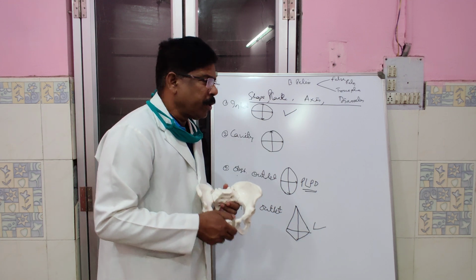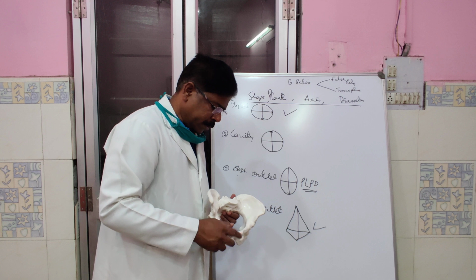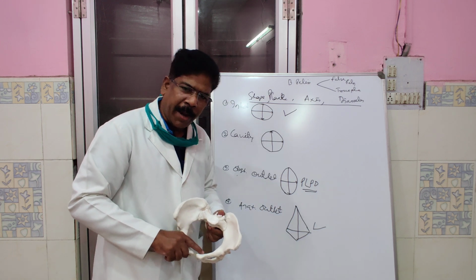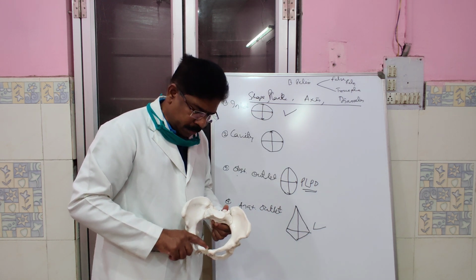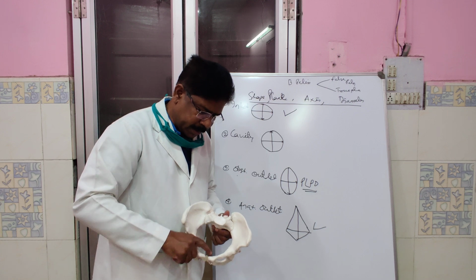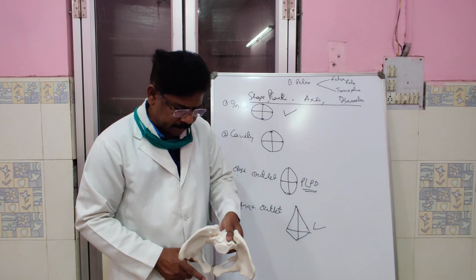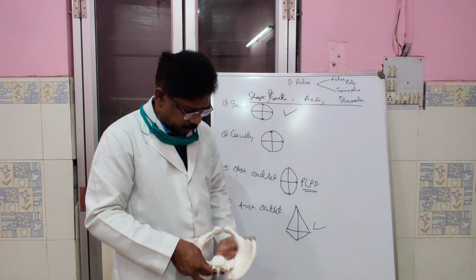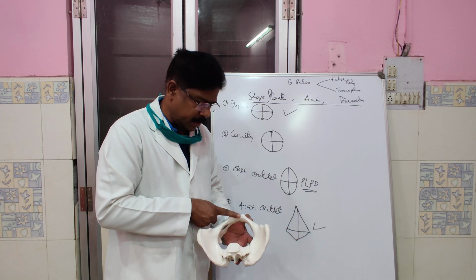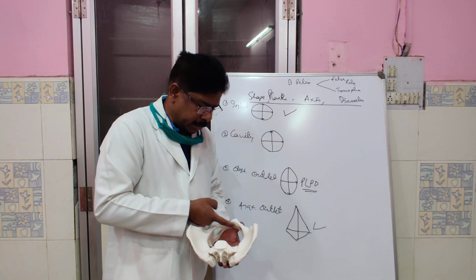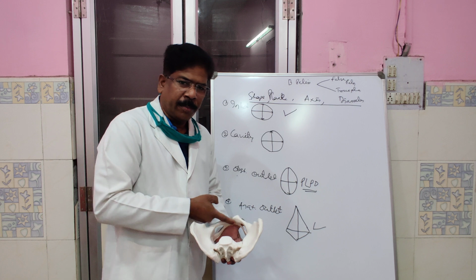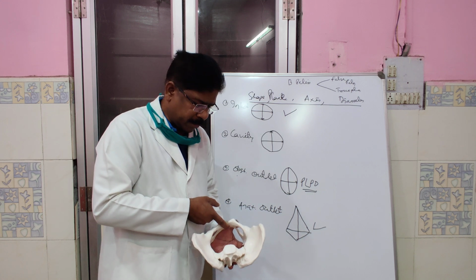So what are the bony landmarks for the plane of the cavity? It starts from the most prominent point behind the symphysis pubis. This is the upper margin, this is the lower margin, and in between there is a point called the most prominent point behind the symphysis pubis.